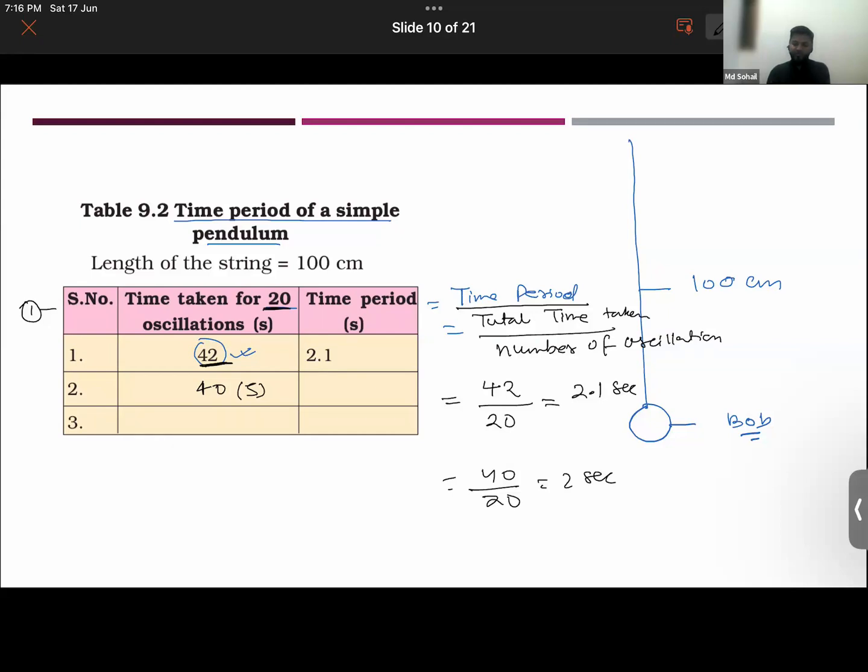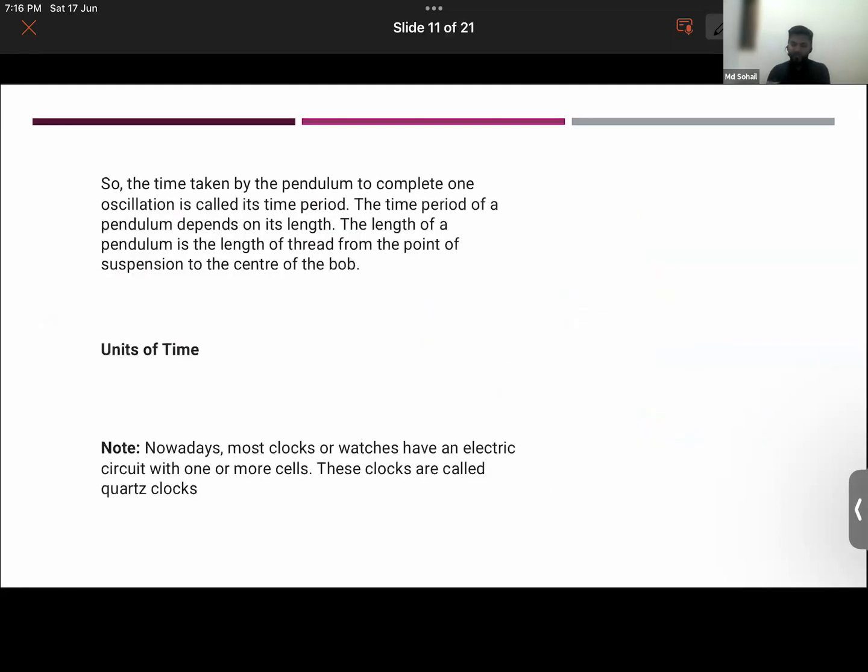And you need to know that the standard length of this string is 20 centimeters. That is the standard length of a string used in a watch that consists of a pendulum. As I already told you, the time taken by the pendulum to complete one oscillation is called its time period. And you will notice one important thing here: the time period of any pendulum will depend on the length of its string.